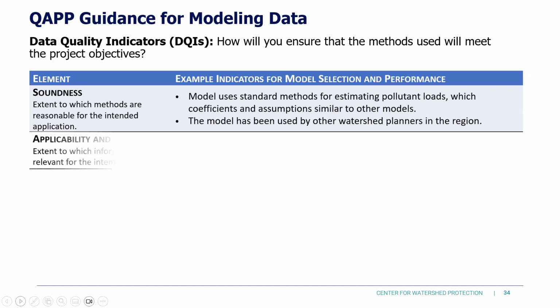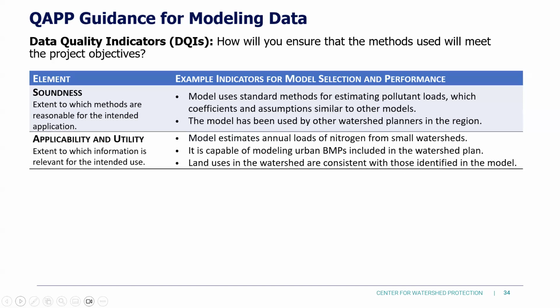Could you do the next one, please? Applicability and utility. This would be the extent to which the information is relevant for the intended use. In this watershed plan, we're trying to estimate loads of nitrogen, and we're trying to estimate certain kinds of BMPs. So is it an applicable model? We need one that gives us annual loads of nitrogen from small watersheds.